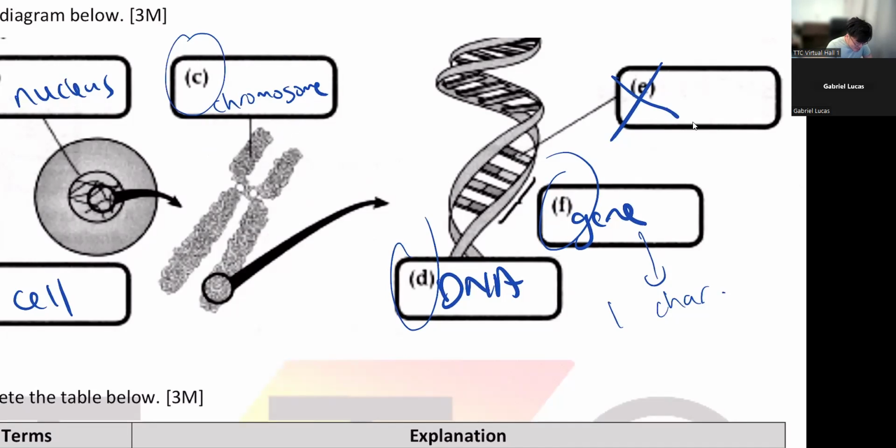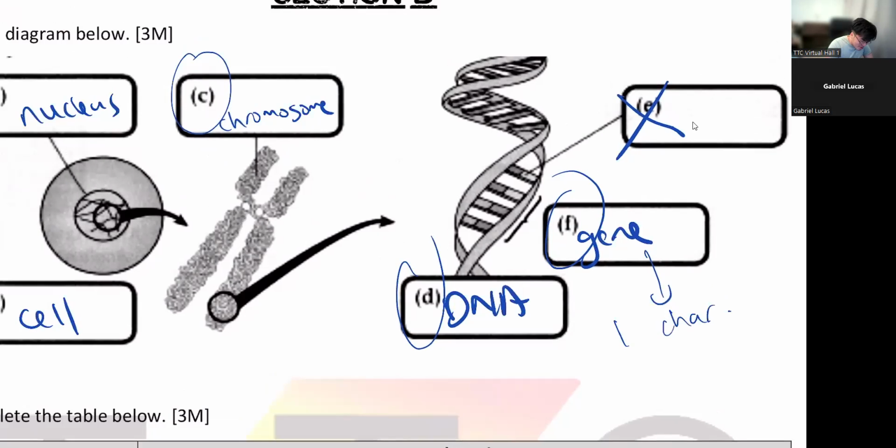Okay, 46. Yes, good. 46. So you can say 44 plus 2 sex chromosomes. Not 2 pairs, just 2. Or you can say 23 pairs, or you can say 44 plus 2 sex chromosomes.